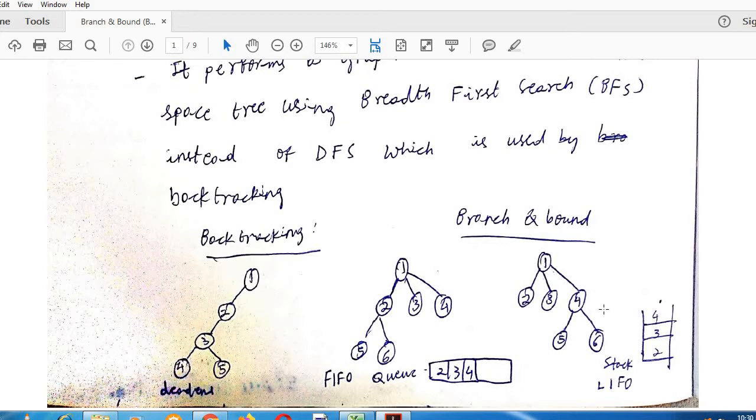There is one more type, that is LIFO, last in first out. This I will implement using a stack. In the stack, the recently traversed node will be placed at the top of the stack, and the starting node that was traversed will be kept at the bottom of the stack.